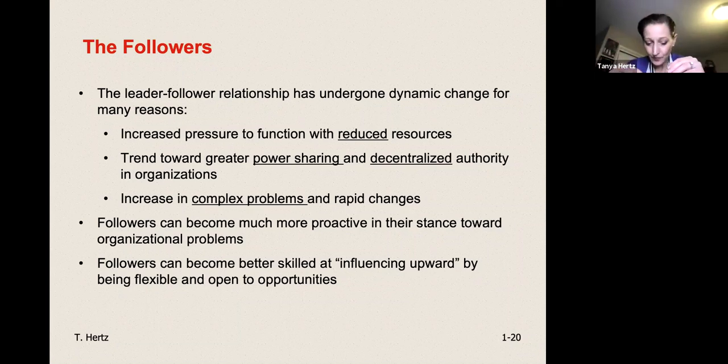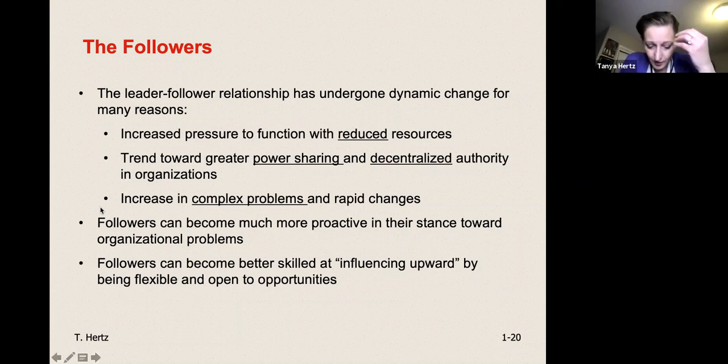Equal, rather than hierarchical or like a pyramid where the power is at the top and goes down. Organizations today, people don't like, in the United States primarily, don't like the power being so centralized at the top of an organization and flowing downward. They like egalitarian work structures. And so with that egalitarian work structure, it's changed the sort of relationship of our followers.